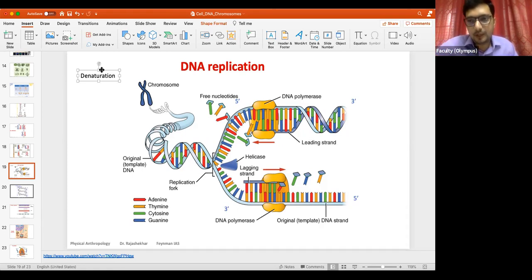The first part here is that the double helical DNA strand has to unwind. But how does it get unwound? We need an enzyme to do it. This process is facilitated by multiple enzymes, but I'll focus on only a few. In the video, they talk about more enzymes because they make it a bit more complex.